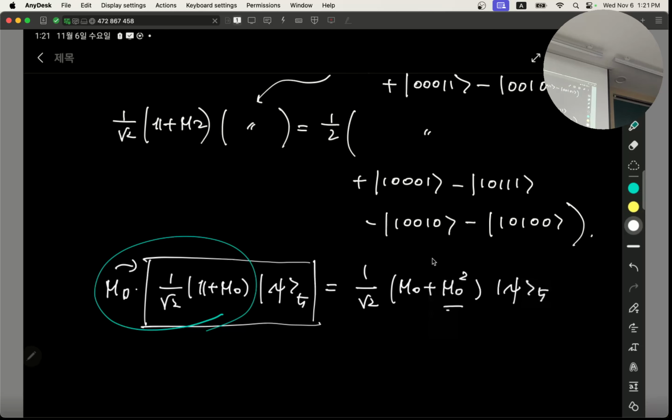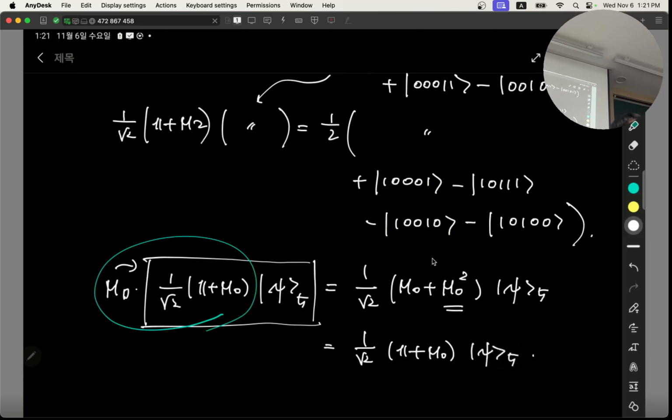So what is M0 square? What will be the M0 square? Because M0 always consists of X and Z gate applied to each qubit. When you do it twice, you get to the original state. So it's the same thing as the identity gate. Right? So this becomes 1 plus M0.